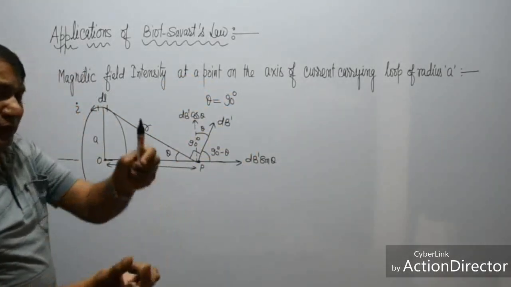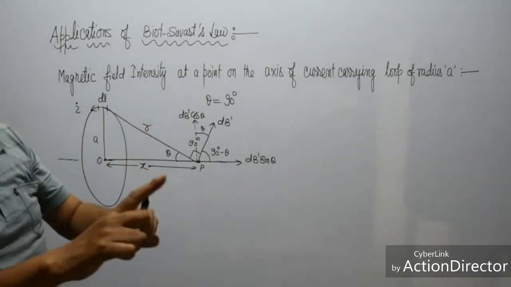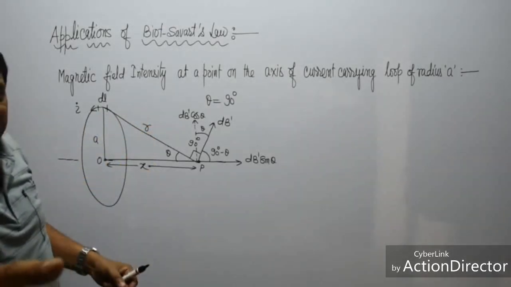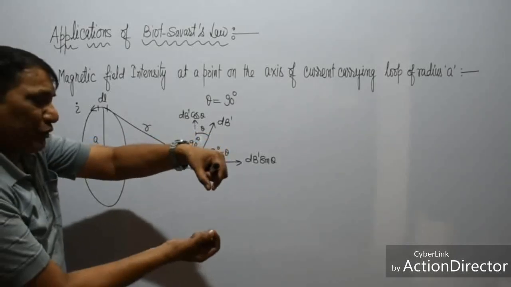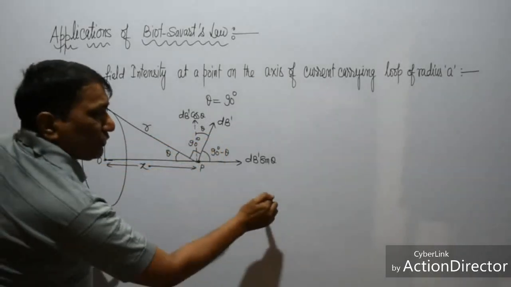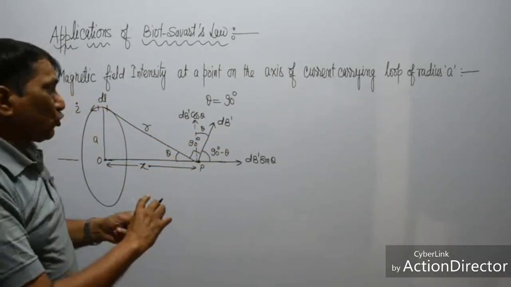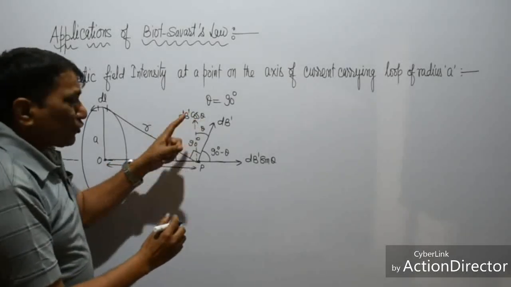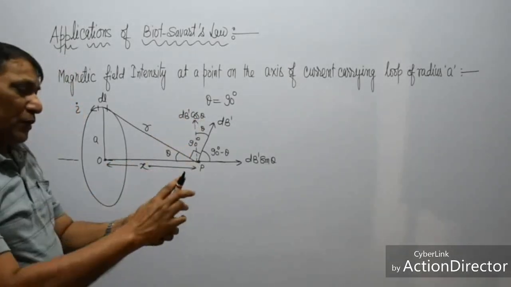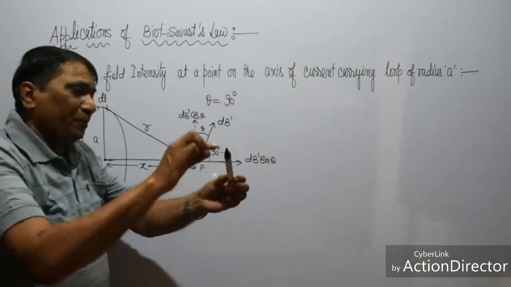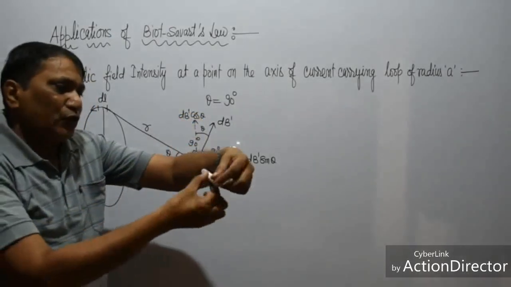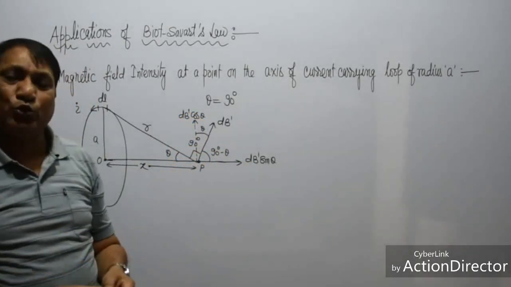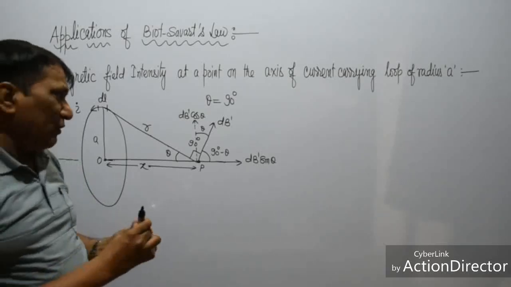Or when dl is taken here, dB dash cos theta will be in this direction, and when you take dl here, dB dash cos theta will be in this direction. So this dB dash cos theta will remain directed at point P in this way. So this is cancelled out due to symmetry of the wire.